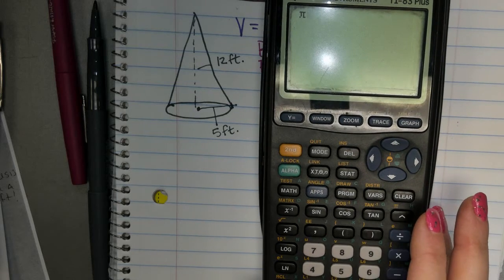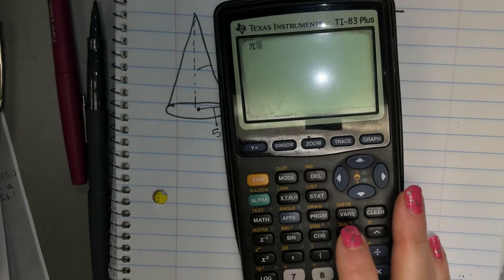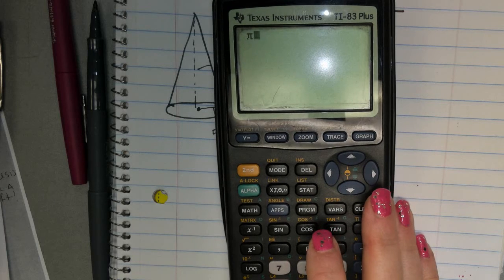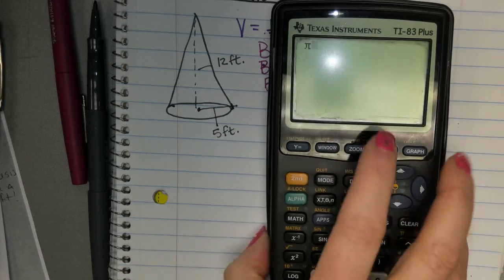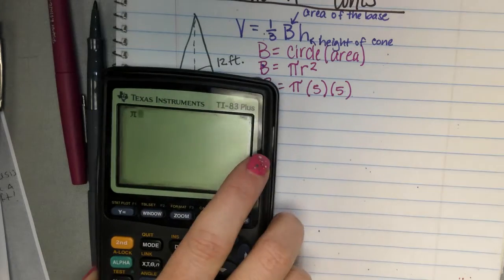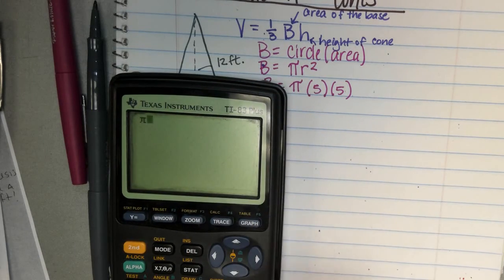Second and the up. And then, I know you don't have this at home, most of you, so you may not be able to do this right now, but I want you to pay attention so that when you come to class, you'll know how to do this. So we have the pi. Remember, the calculator knows what pi is, so we don't have to approximate it to 3.14.